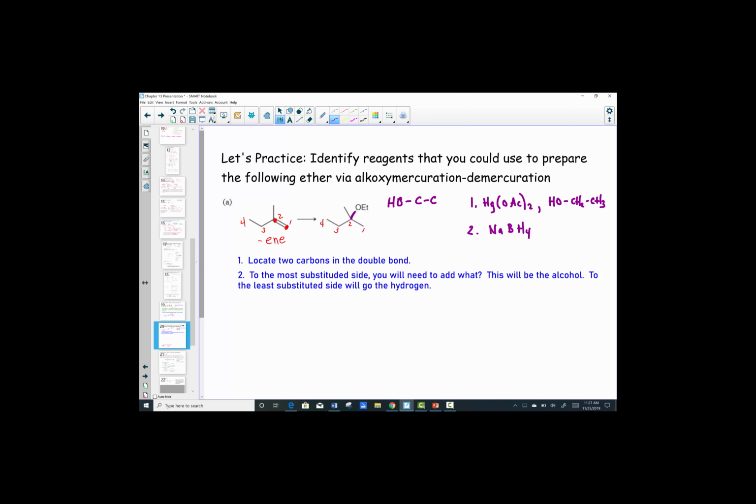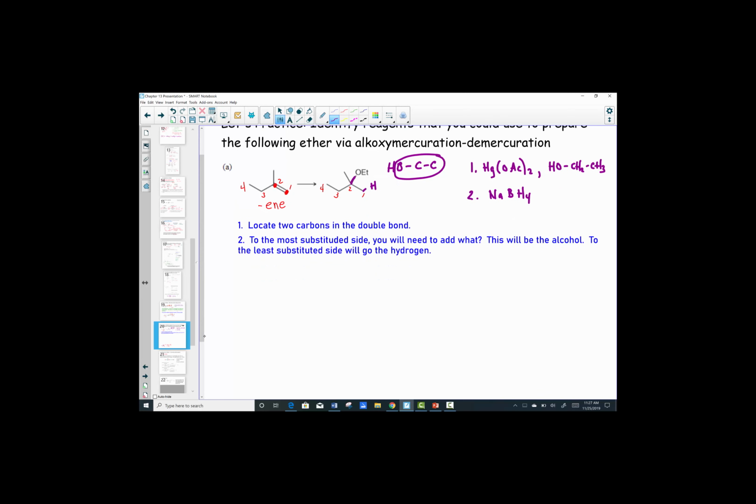And we have now identified the reagents to use. On the least substituted side goes the hydrogen. So we don't see it, but that's where the hydrogen went. And on the most substituted side, we added the ether linkage of OEt. And that's really all there is to that step.